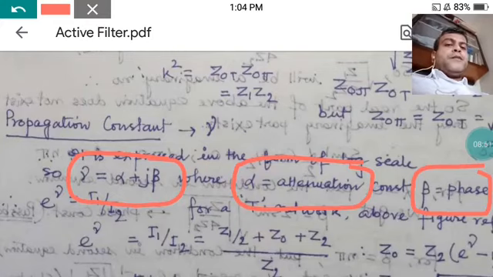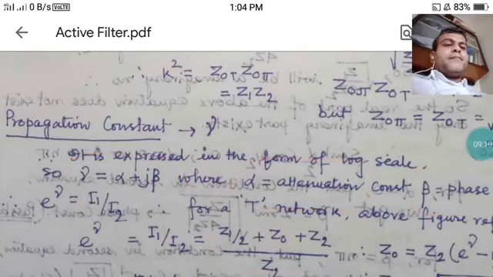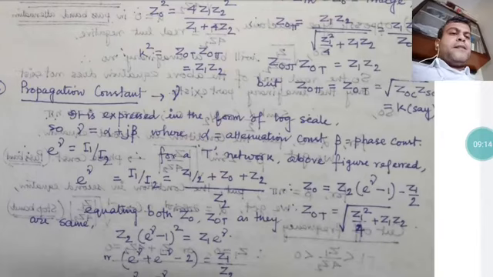So we know that e to the power gamma equals I1 by I2. From this equation I can again write the value of I1 by I2. That is Z1 by 2 plus Z0 plus Z2, and by this Z. So finally you can easily evaluate here that Z0 equals Z2 into e to the power gamma minus 1, minus Z1 by 2.